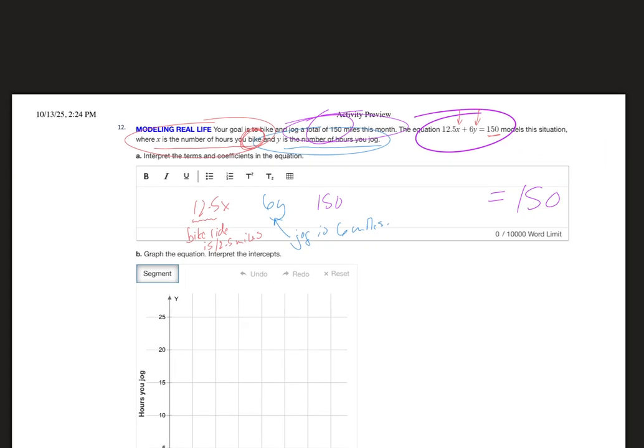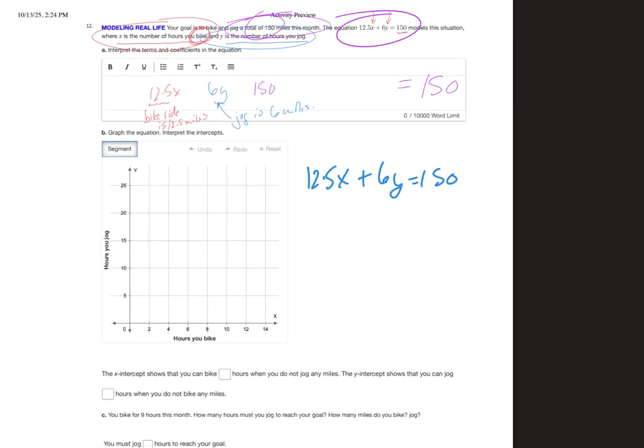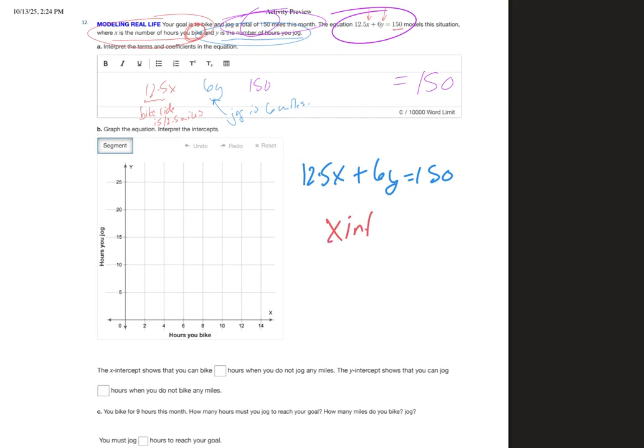Okay. Now they say graph this thing. 12.5x plus 6y equals 150. All right. The x-intercept makes me cover up the y. So it would be 150 divided by 12.5. So let's see.